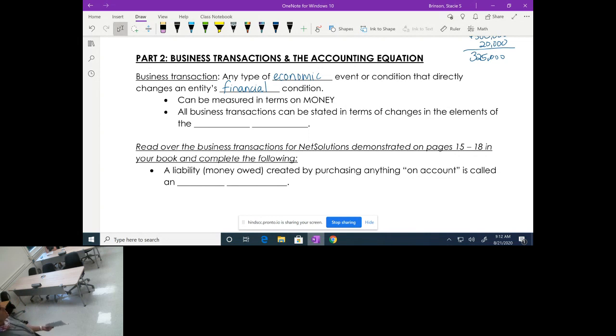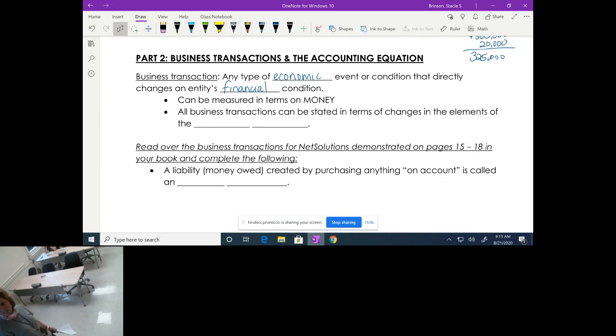You get gas, and you're maybe using a debit card, but they're getting the money. So their financial condition has improved. They've got cash. Of course, they did give up inventory, but they're charging you more. So their financial condition has changed in that one transaction. Does that make sense?